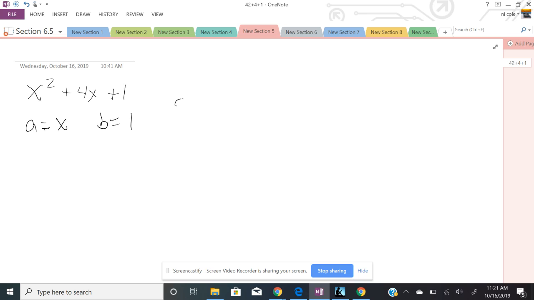All right, so now let's check 2 times A times B. Well, that gives me 2 times x times 1, which gives me 2x. 2x is not 4x. So I've got a little bit of a problem. So this is not what we would call a perfect square.